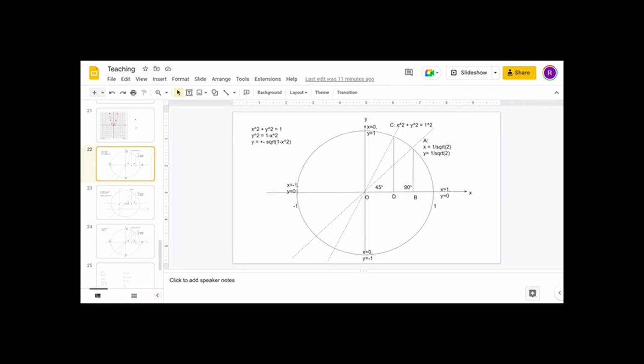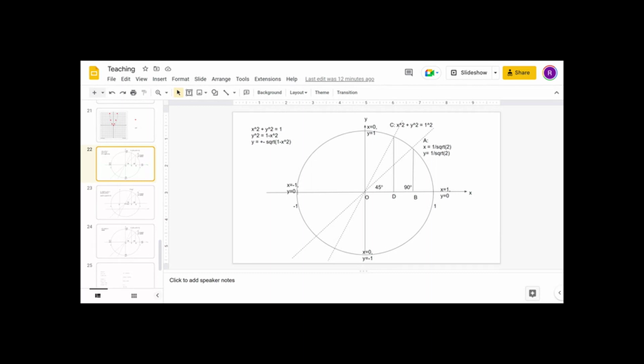So 1 by root 2. Yes, correct. What is sine of 30 degrees? 1 by 2. Yeah, 1 by 2. What is sine of 0 degrees? 0, exactly. Because if I take an angle which is 0, then this height here, the opposite side, is 0.